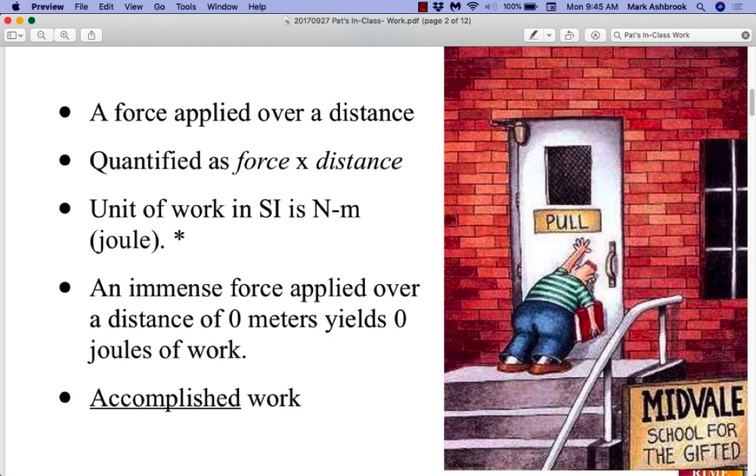At any certain point, there's a total amount of work that I've accomplished in applying that force over the distance. So this idea of accomplished work up to a certain point fits right into our spirit of accumulation of a quantity. How much work has accumulated over a distance?